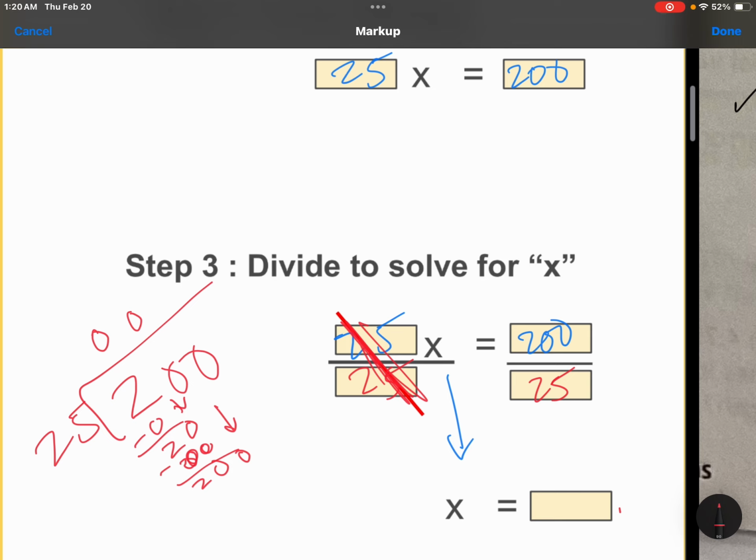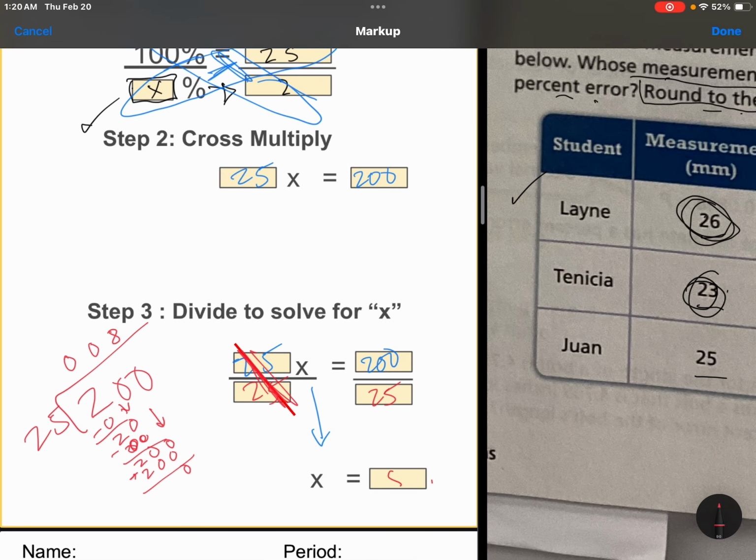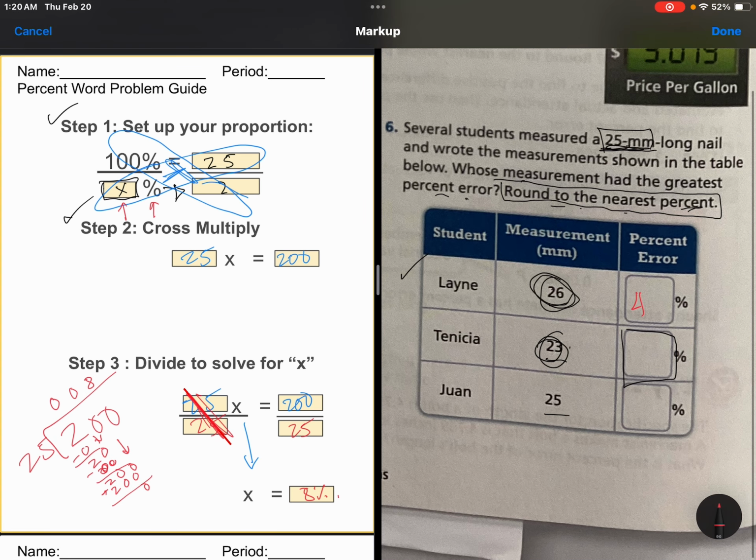Okay, so if you fit 25 into 100 a total of 4 times, now for 200 will be a total of 8 times. Okay, 8 times 25 is actually 200. Subtracting, bam. So my answer is 8. 8 what? Since we have an x right here in this box, you need to add a percent right here. Good. That's 8% for Tanisha.